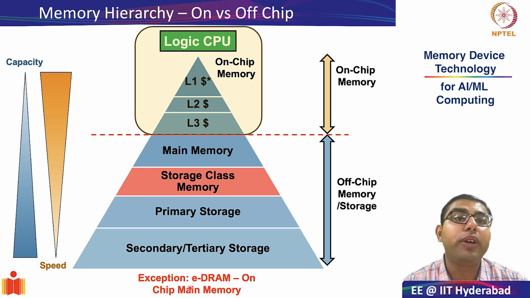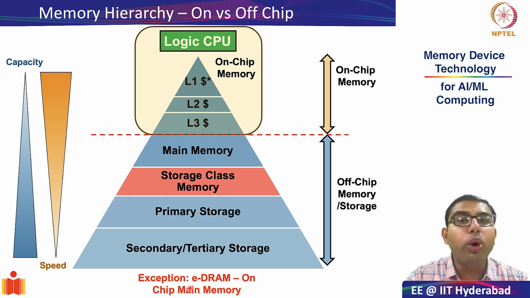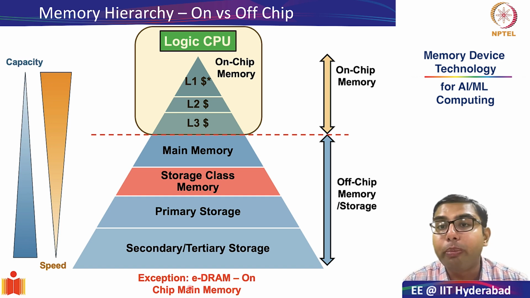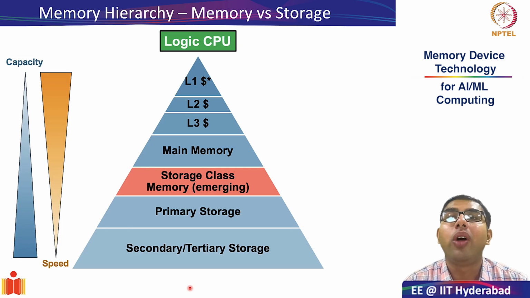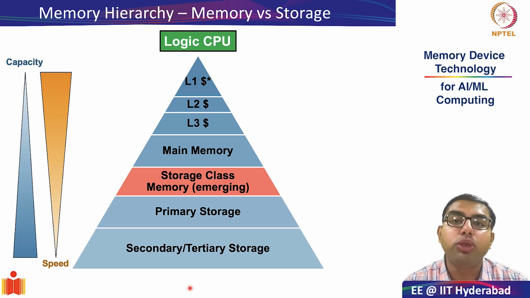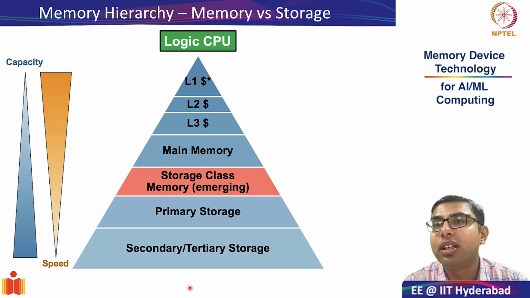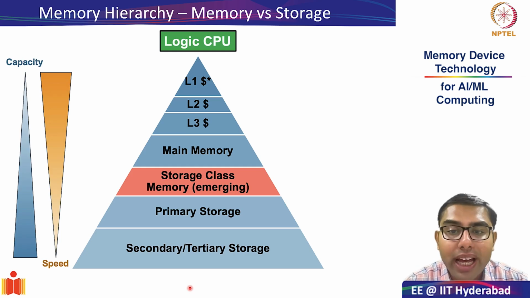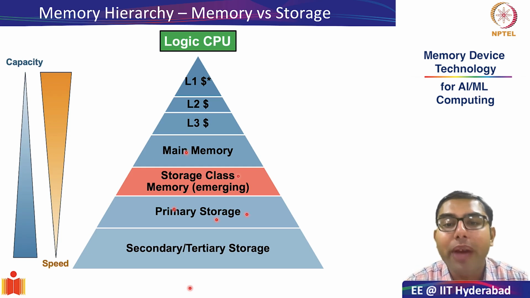Okay, so once we have understood the boundary for on-chip versus off-chip memory, let us go to the next concept, where we look at memory versus storage. Where do you think the boundary between memory and storage will be? It is clear that the boundary has to be somewhere between main memory and primary storage.